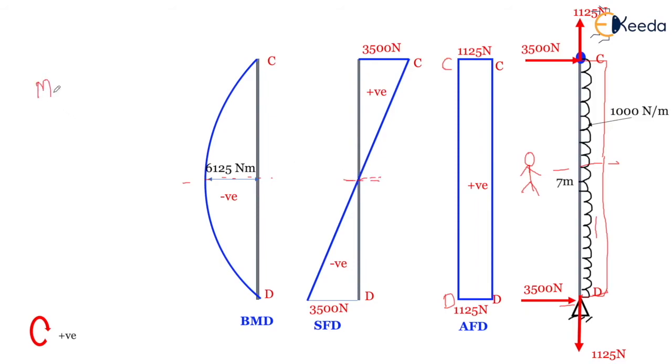So here M max will be nothing but 3500 into 3.5, minus 1000 into 3.5 into 3.5 by 2. Only these two forces act when we consider only this part. So 1000 into 3.5 into 3.5 by 2 is the moment about this point. Then we arrive at 6125 newton meter. So this becomes our final bending moment diagram.